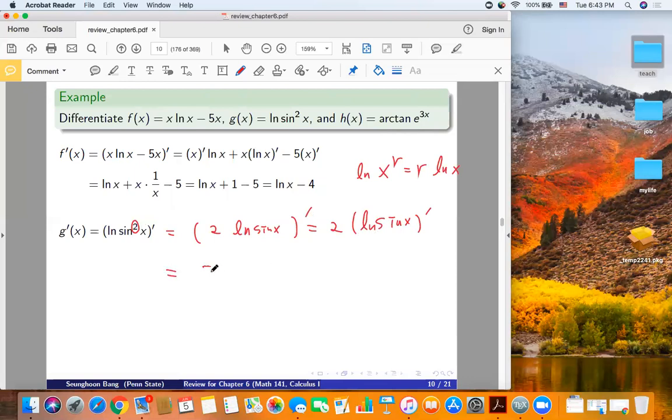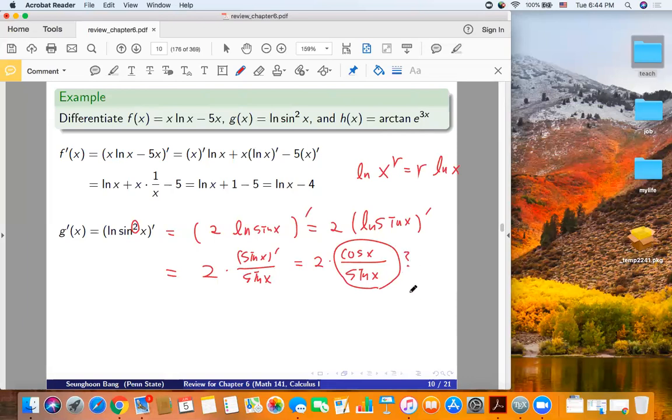So we have 2 times ln sine of x prime is inner function prime over inner function. So 2 times sine x prime is cosine, over sine x. Do you know the identity of cosine over sine?